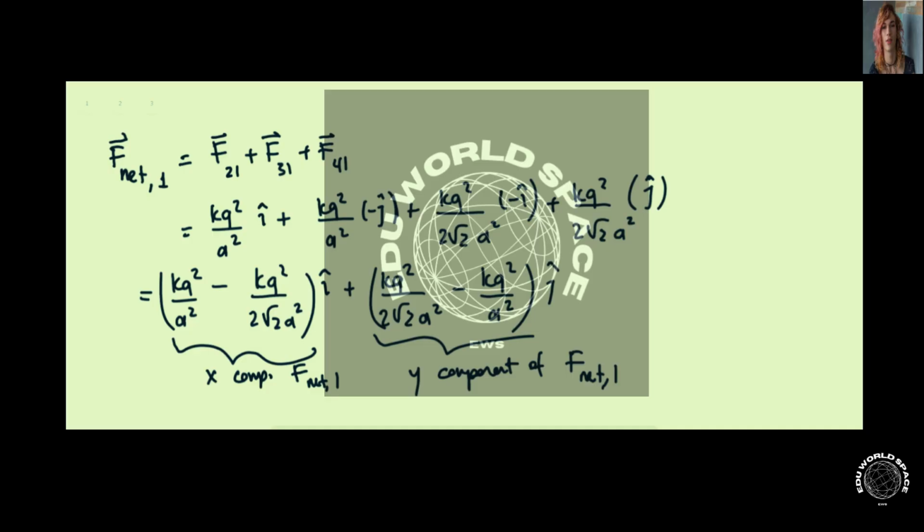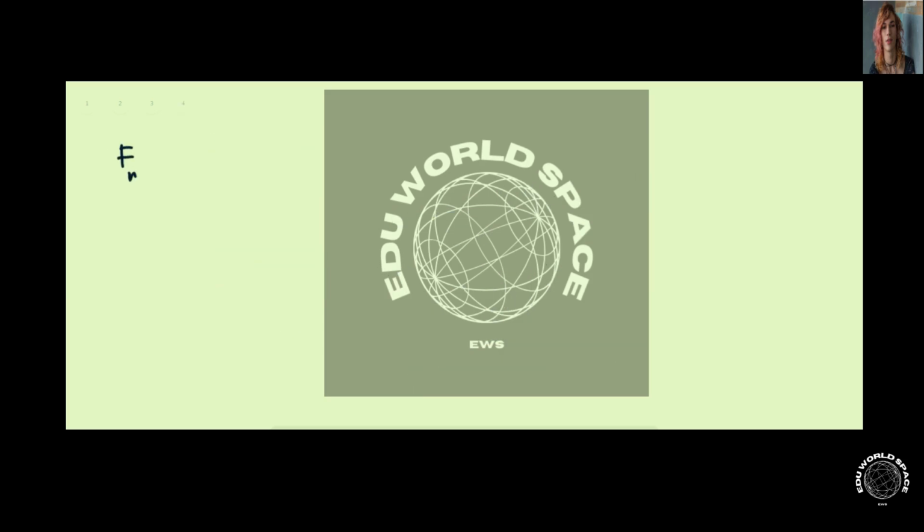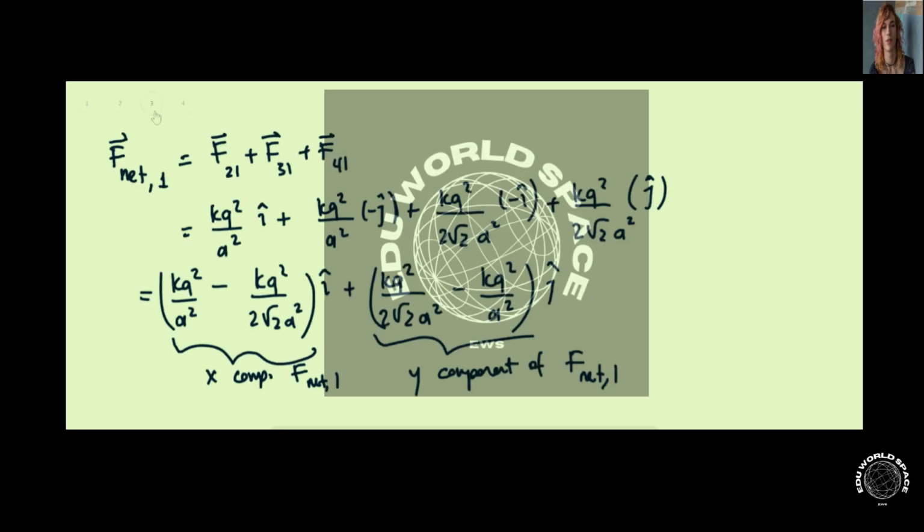Let's try to calculate them individually before we go any further. F net 1x, the x component of F net, equals, if we take this term, in both terms we have kq squared.